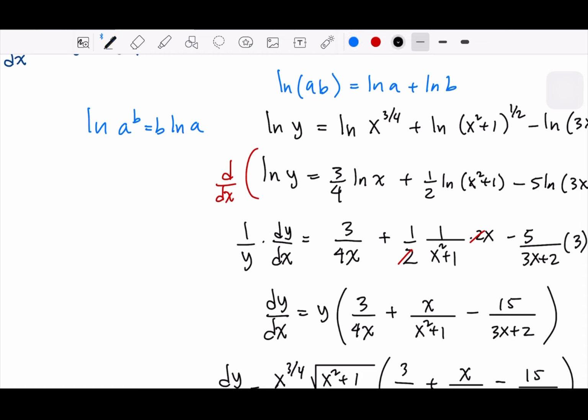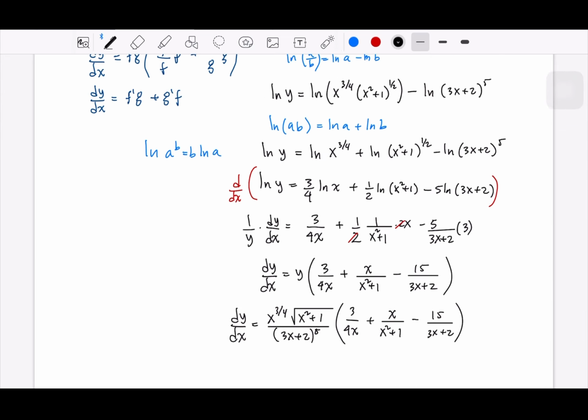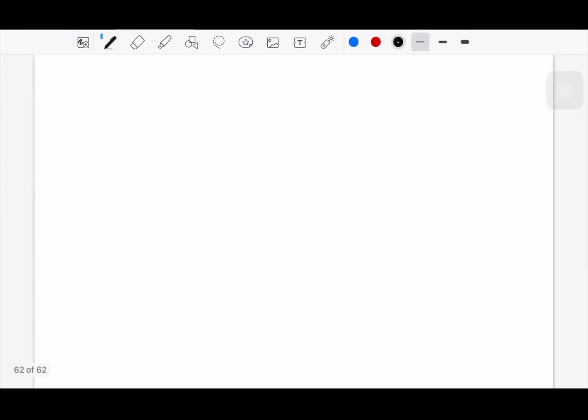Okay, this method with log usually will be powerful for examples like if you have y equals x with power of square root of x. Now, functions with power of functions. So we don't even know what other methods can solve it.